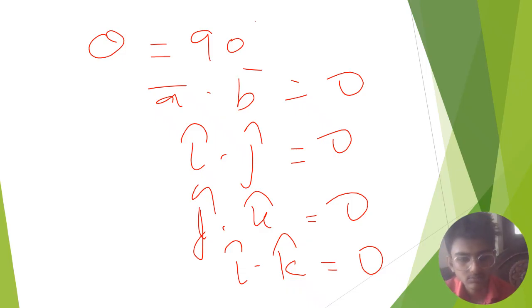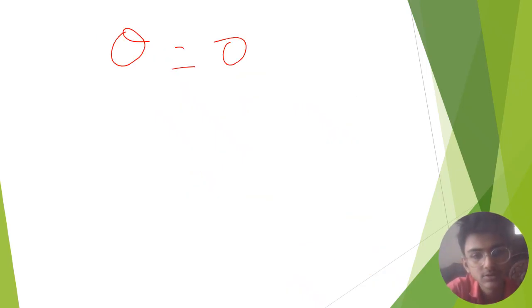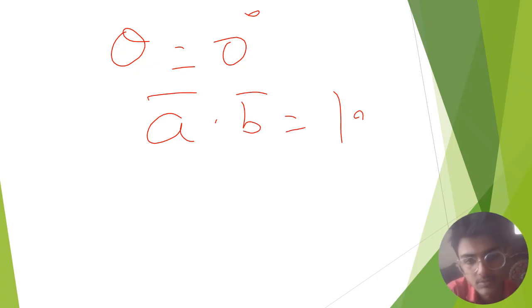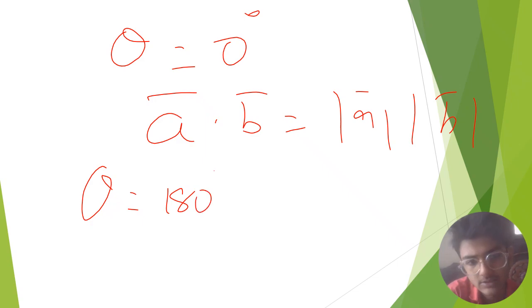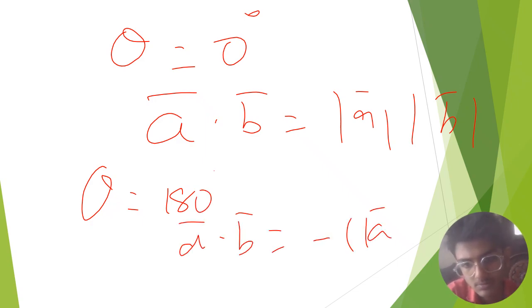Now talking about some more cases, suppose theta is equal to 0 degree, then cos theta is 1. Since cos theta is 1, we can write a dot b will be mod a into mod b. If suppose theta is 180 degree, then a dot b will be written as minus of mod a mod b.